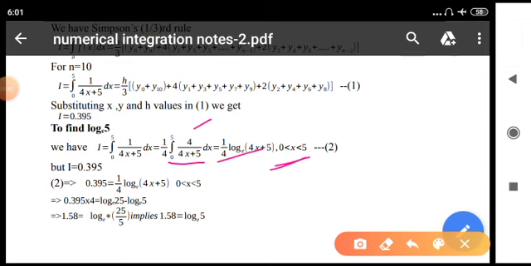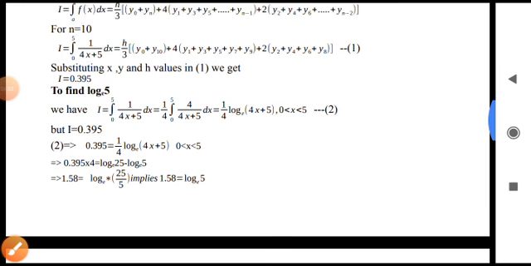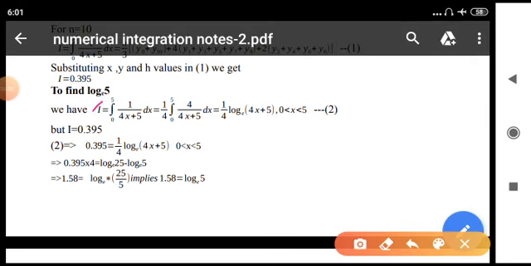But the value of I we have calculated is 0.395. Therefore, equation 2 becomes: 0.395, that is I, is equal to 1 by 4 times log of 4x plus 5 with x between 0 and 5.